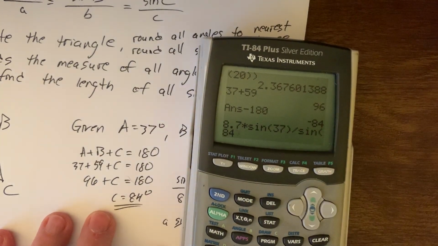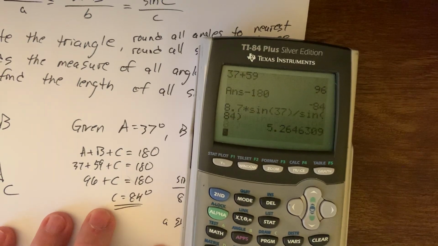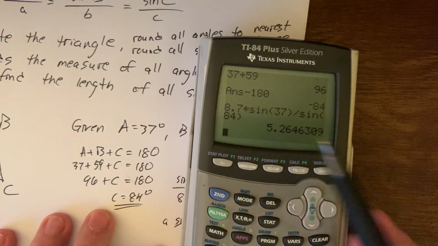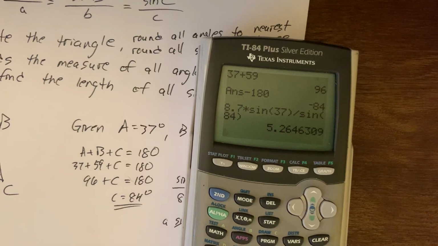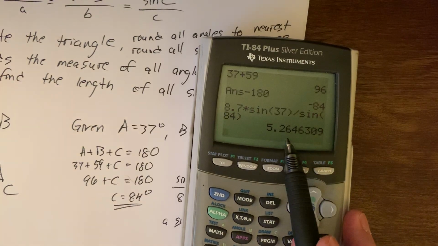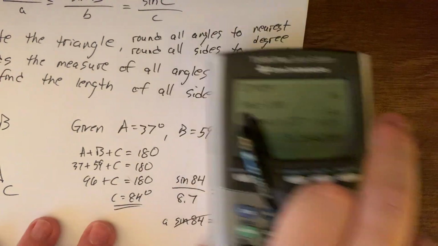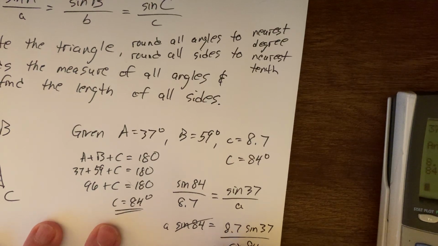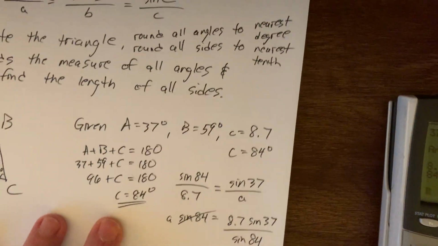Good habits, you should close that parenthesis, though you would get it correct if you did not. And now we're getting our answer, and now is where we should round. We said our side lengths will go to the nearest tenth, so I'll look at the hundredths place, 5.26. I'll round and say A is 5.3.